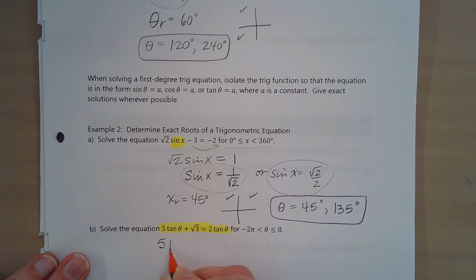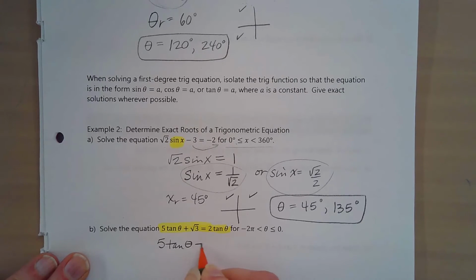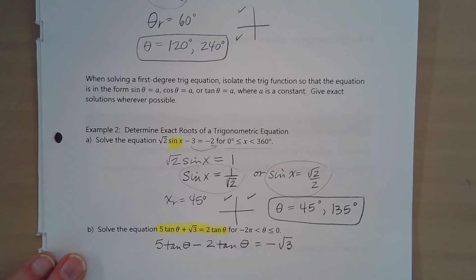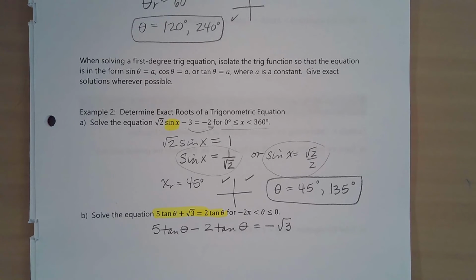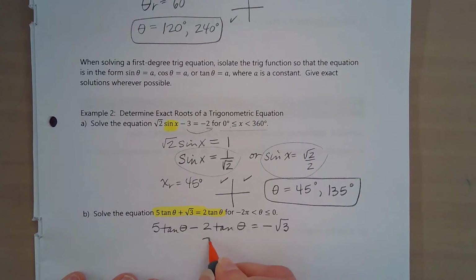So I have 5 tan theta minus 2 tan theta. Now this doesn't have any tans, so I'm going to push it over to the other side. Negative root 3. Because I'm trying to isolate tan. I put all my trig stuff on one side, my constants on the other. What do you think 5 tan theta minus 2 tan theta equals? 3 tan theta.